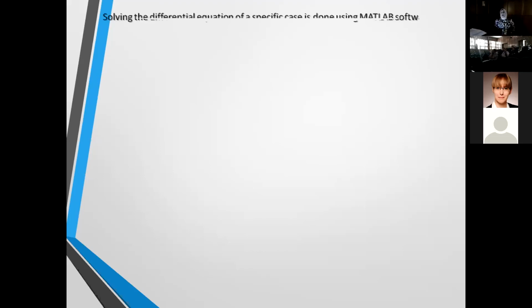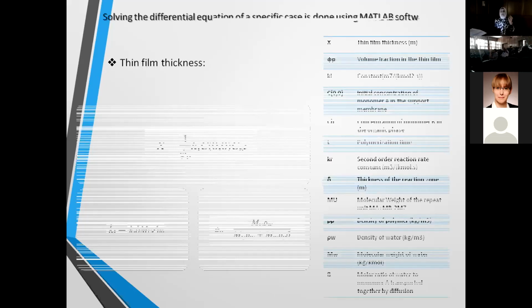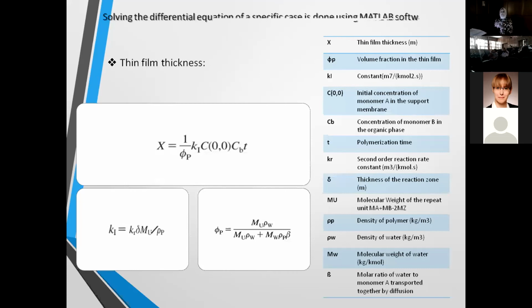To solve for the relationship between polymerization time and thin film thickness in interfacial polymerization, we use this equation. In this equation, X is the thickness of the thin film, and phi p is the volume fraction of the thin film, which can also be calculated by the equation below.